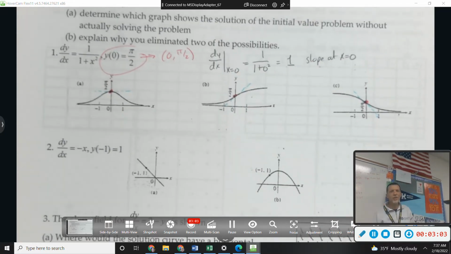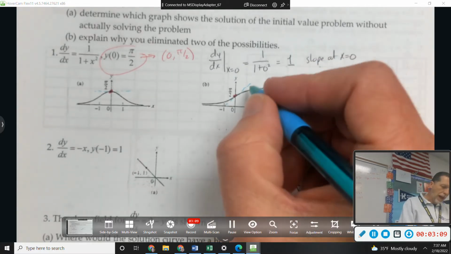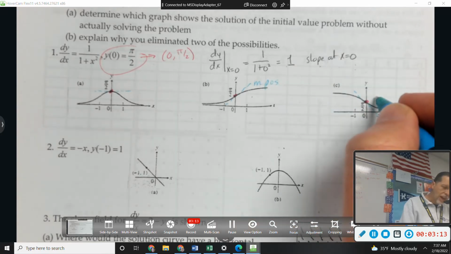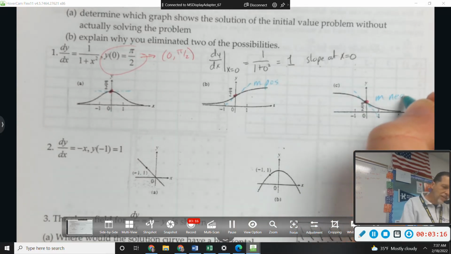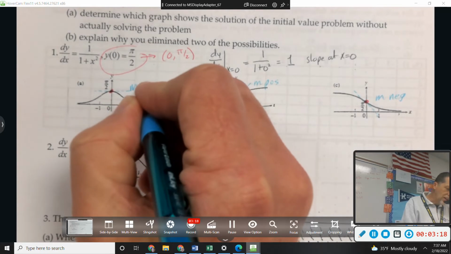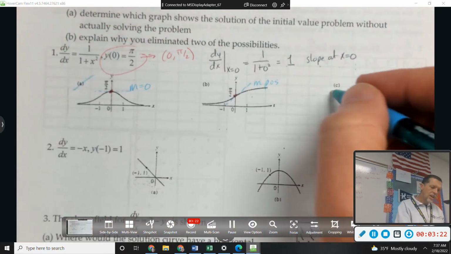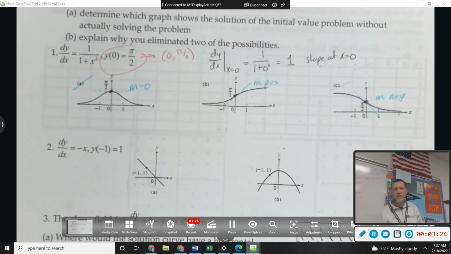Now, which one of those has a slope of 1? A, B, or C? B. I can't tell exactly that it's 1, but it's definitely positive. And C is definitely negative, and A is 0. So it's not A or C. I can't tell for sure by looking that the slope is 1, but it's the only positive slope there. So it's got to be B.